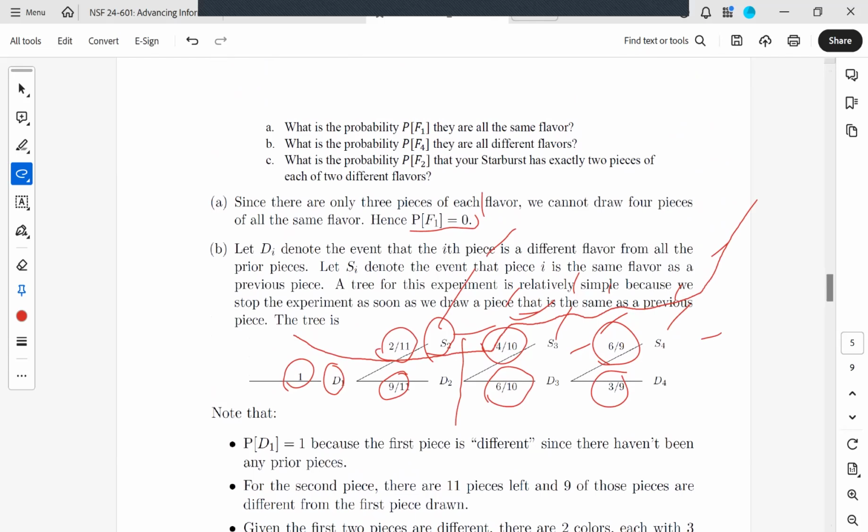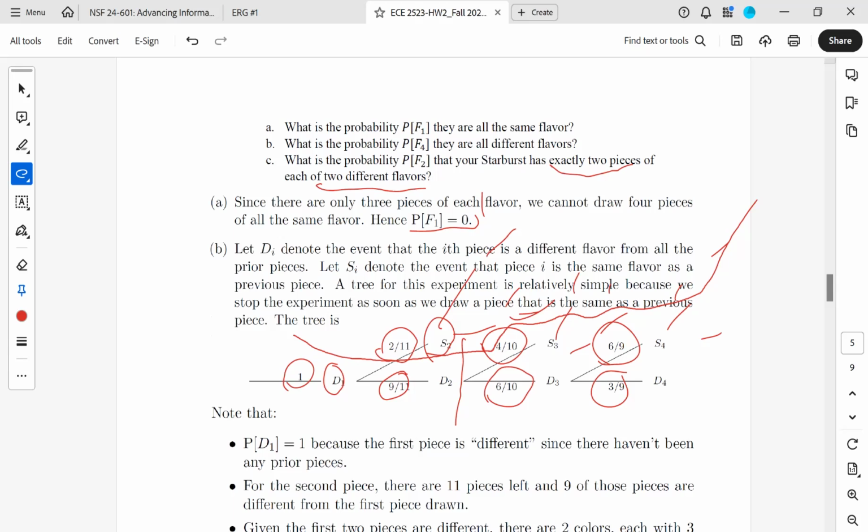Part C. In part C, we define event F2, and we define it in a way that when we draw 4 candy, the result is exactly 2 pieces of 2 different flavors. Does the condition make sense?